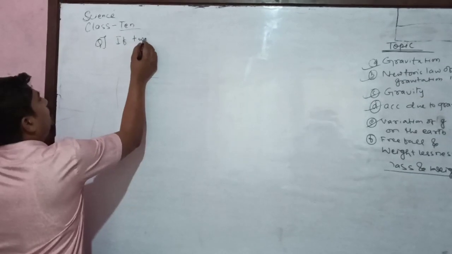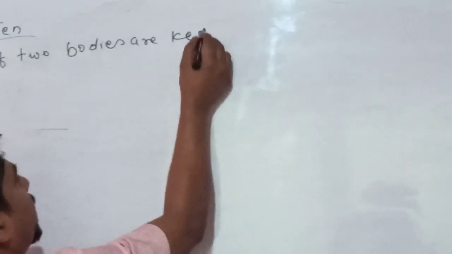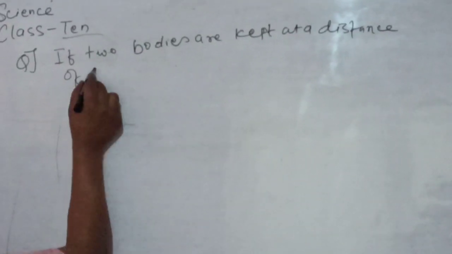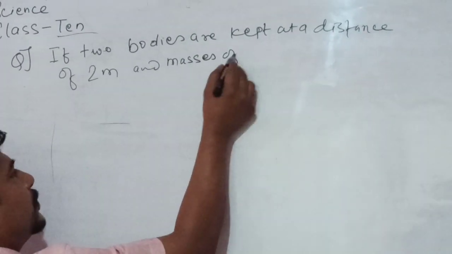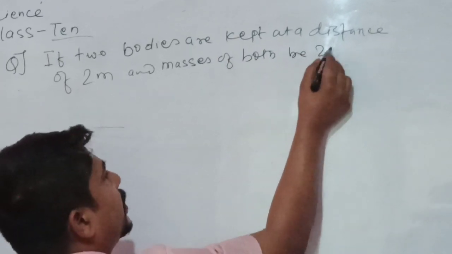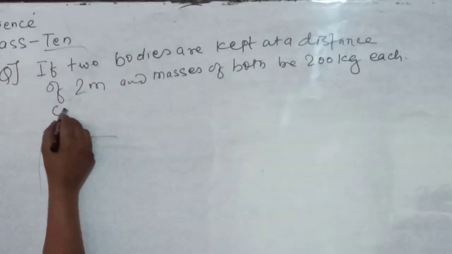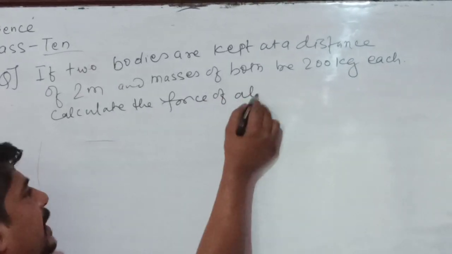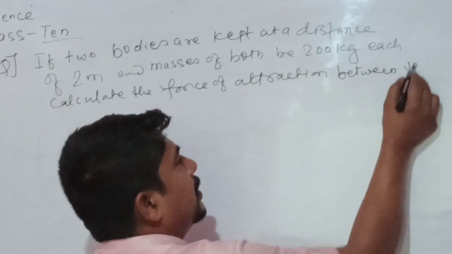Let the question be: if two bodies are kept at a distance of 2 meters and the masses of both are 200 kg each, then we have to calculate the force of attraction between the two.